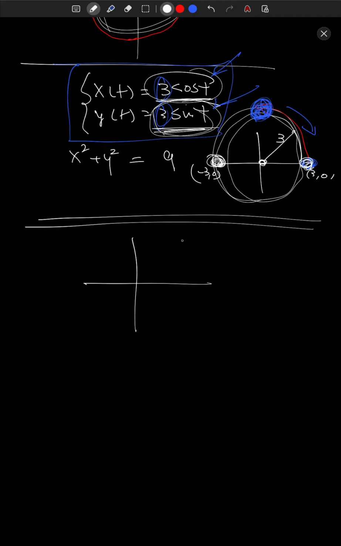What if I want to describe motion, let's say counterclockwise, around a circle that's not about the origin? Let's say I want this circle to have center 4 comma 3, and let's say the radius is 2. Or let me not use that.